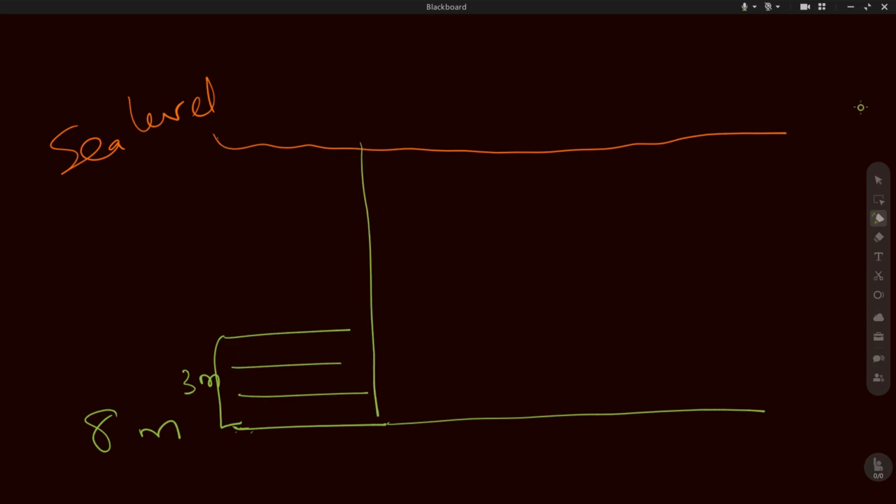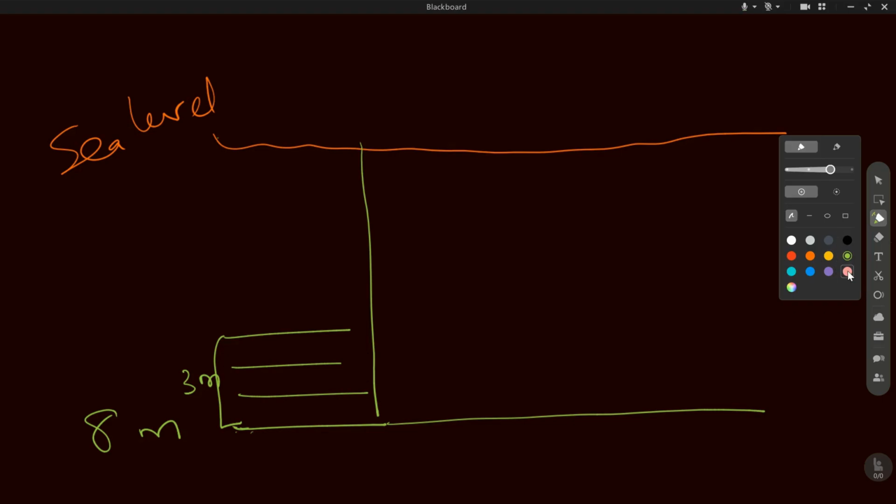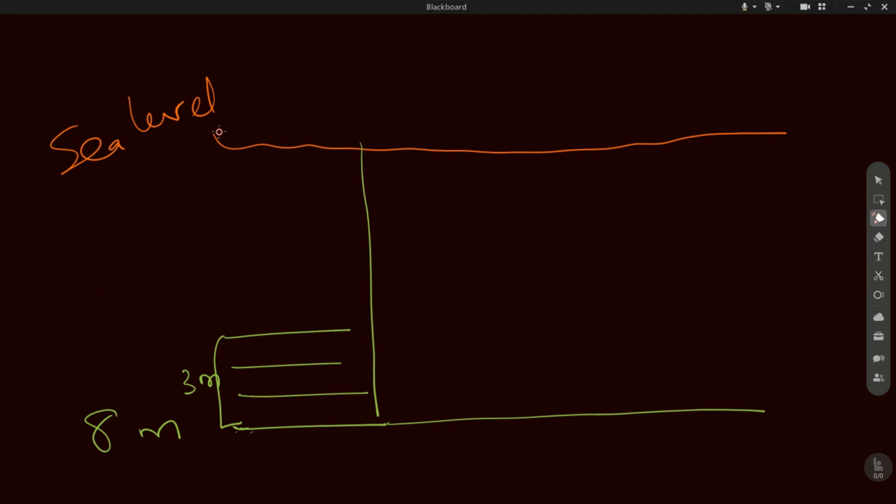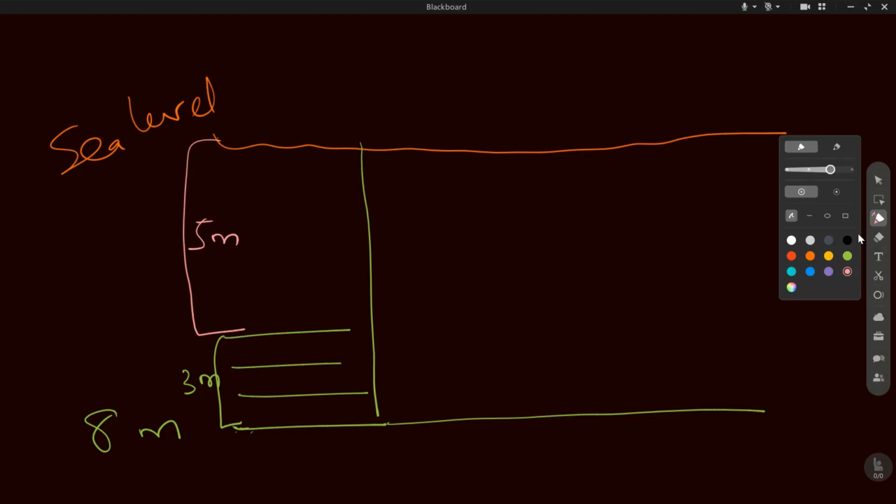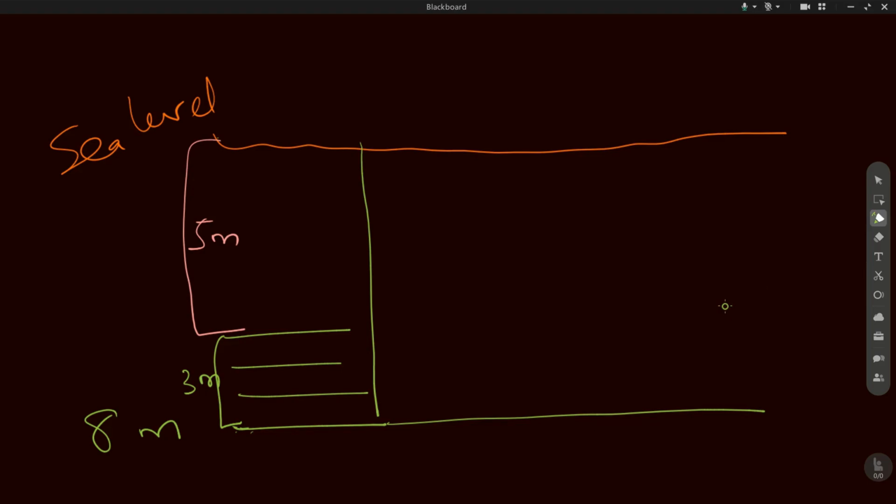So that means this level to this level will be 5 meters. So now he rises 3 meters from that 8 meters, so that means the diver is currently here.